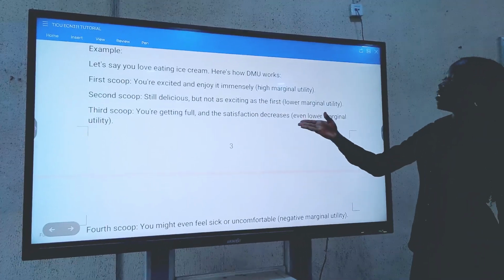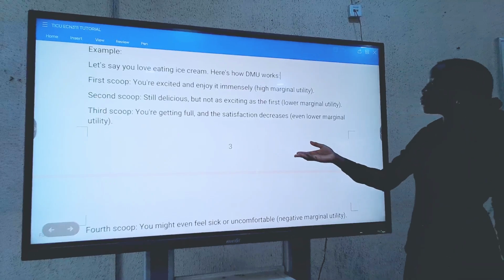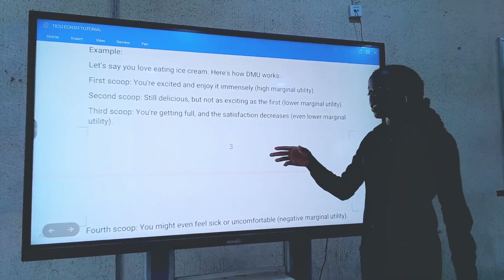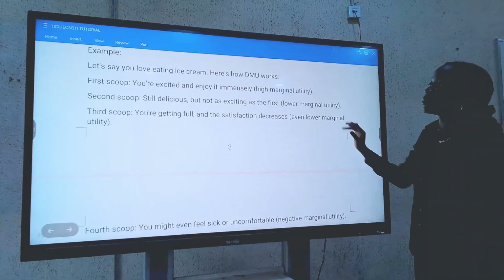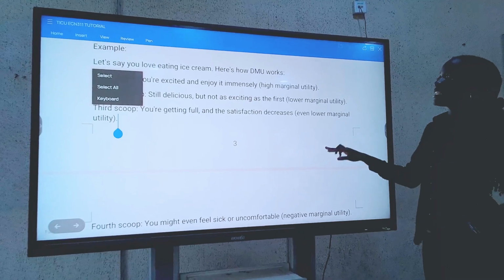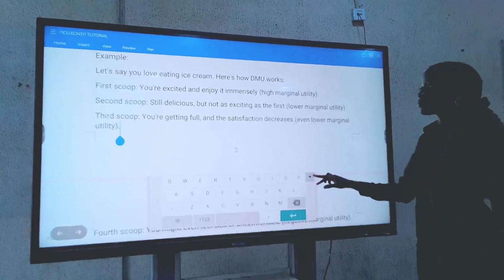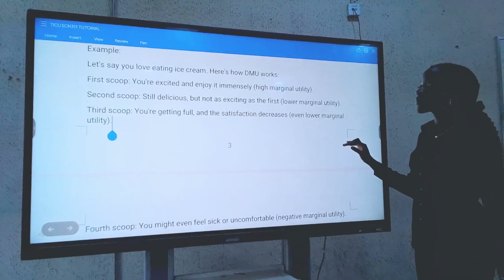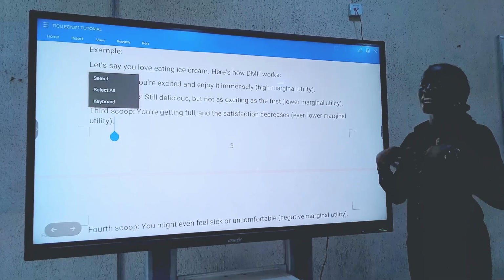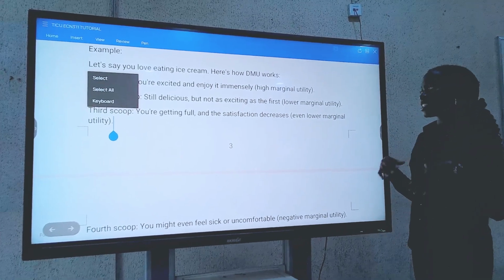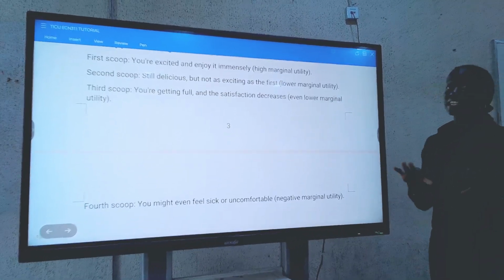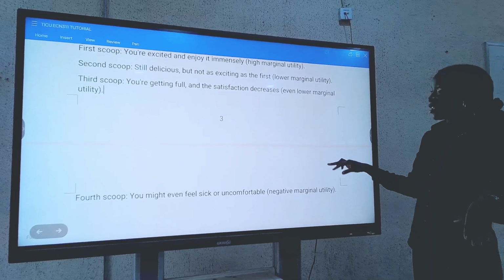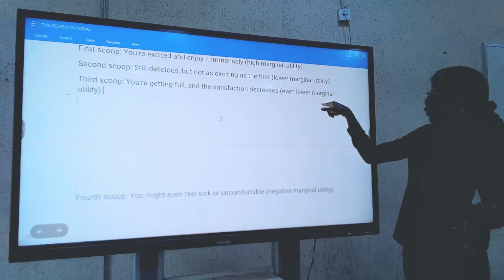Then when you take the third scoop, you are getting full. Not necessarily the third scoop, because I know people might say, oh no, but let's say the 12th or 50th scoop, you get full and you no longer derive such satisfaction from it. So that's a low marginal utility. From high to low to lower.